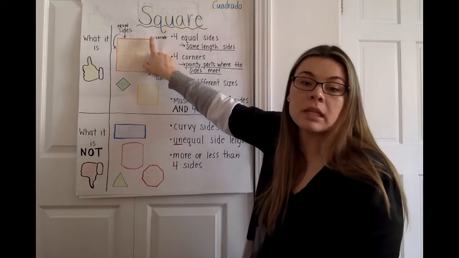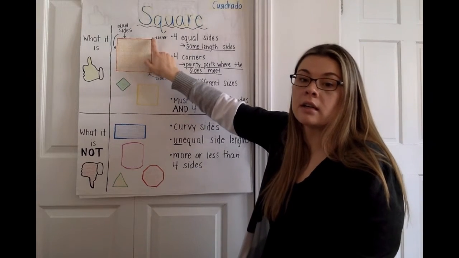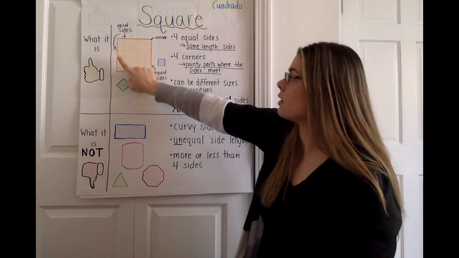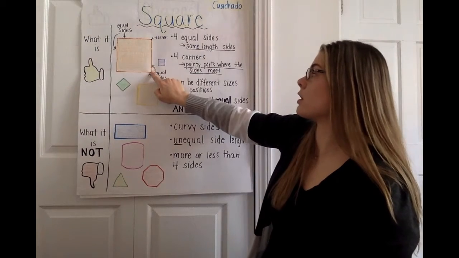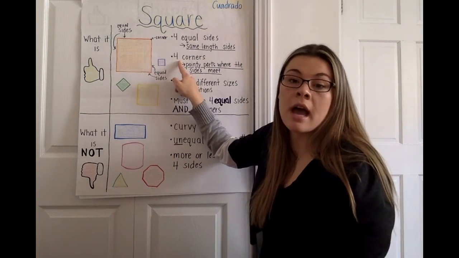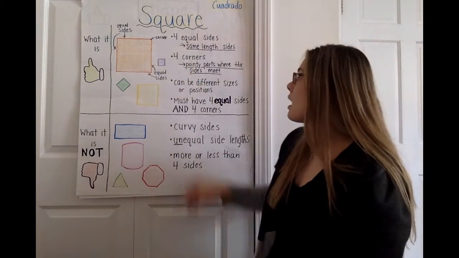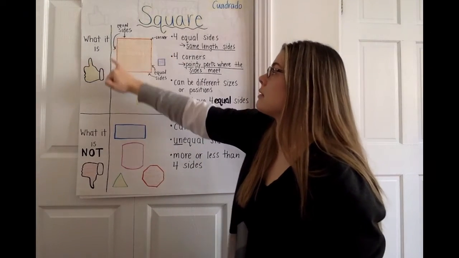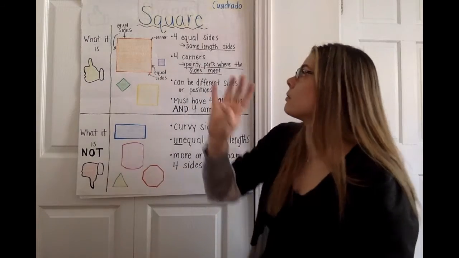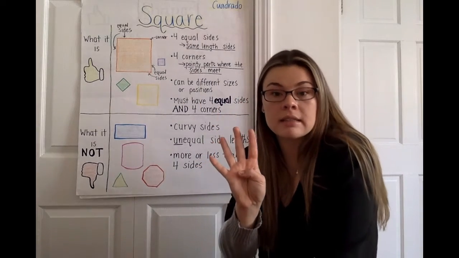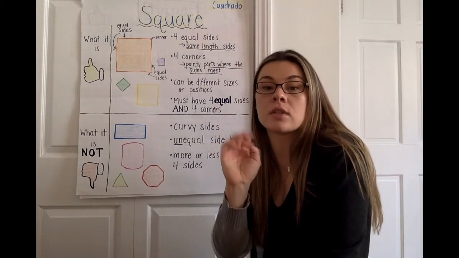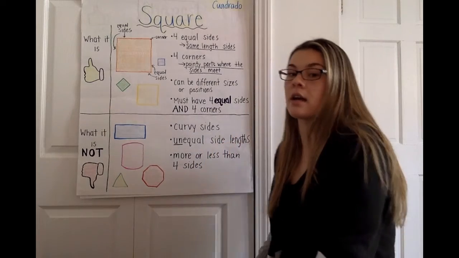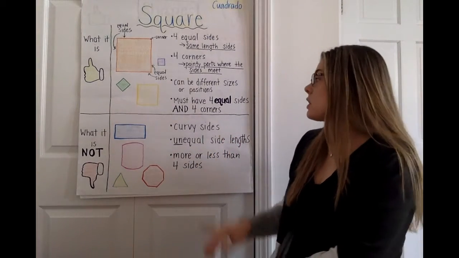So let's count up how many corners a square has. 1, 2, 3, 4. So now we know that a square has 4 corners, where the sides meet each other. So a square has 4 equal sides that are straight, and it also has 4 corners. Those are some attributes of a square.